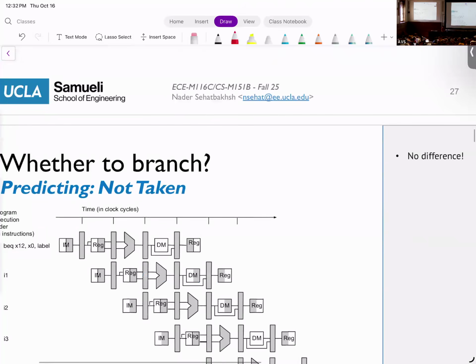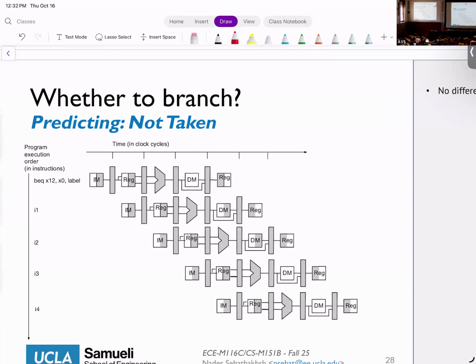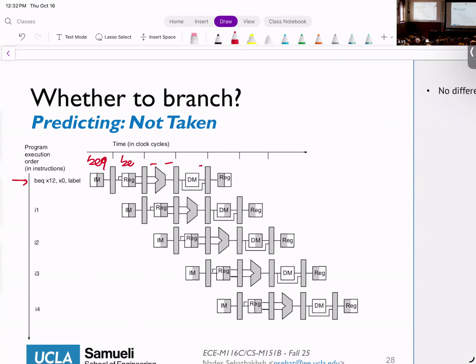Okay, so let's see what will happen. For a branch like this, remember I told you that the branch goes here and then here and so on, and up to this point, I need to stall the processor, and only at this point can I fetch the first instruction. But imagine that whenever I see a branch, I predict not taken.